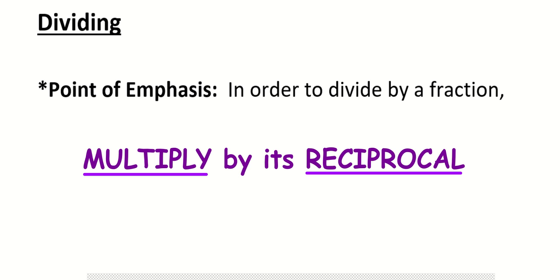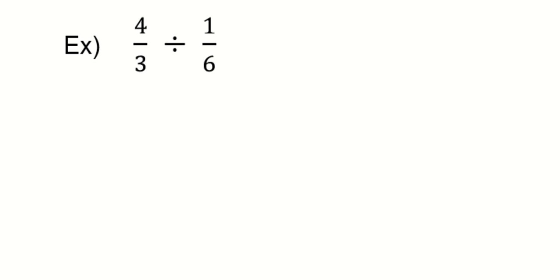Multiply by its reciprocal, which means this, to do 4/3 divided by 1/6. So I think it'd be like leave, and then the change would be changing division to multiplication, and then flip.